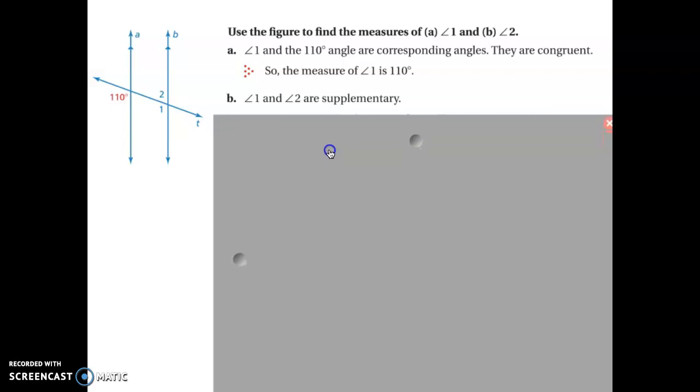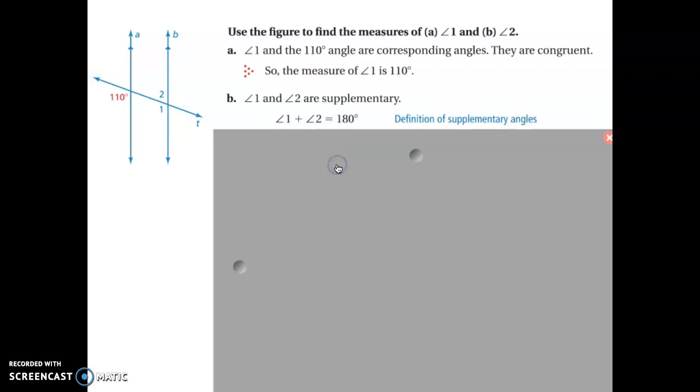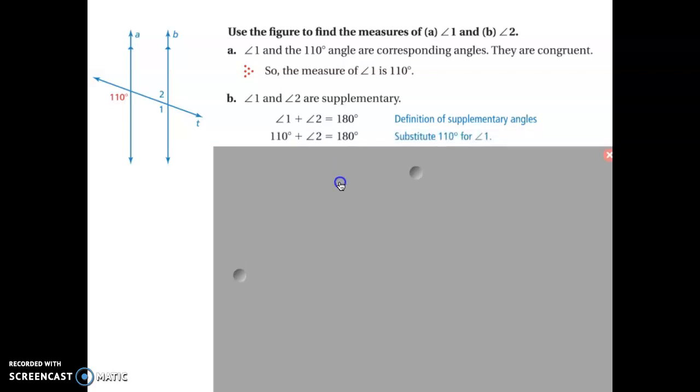That means that angles 1 and 2 are supplementary. Now supplementary means that they add to 180 degrees. I've got a slide on that in just a second too, so don't write that down just yet. But that means angle 1 plus angle 2 is going to equal 180 degrees. That's the definition of supplementary. So 110 as angle 1 plus angle 2 is equal to 180. Now think of this like an algebra problem.